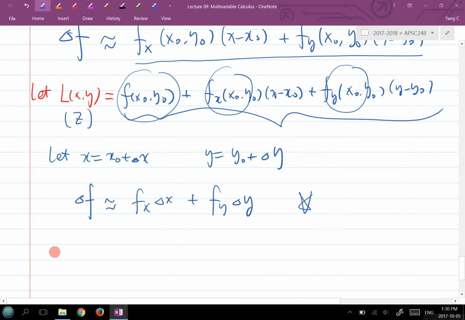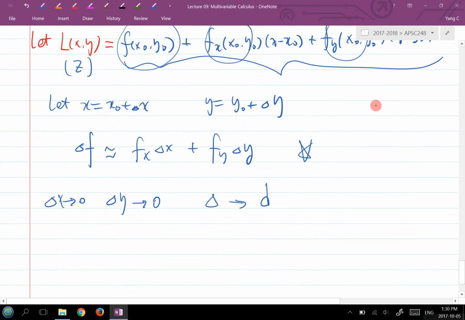Now, if we let delta x go to 0 and delta y go to 0, infinitesimally small, close to the original point, then this is not going to be an approximate sign anymore, and the delta will change to a straight d.